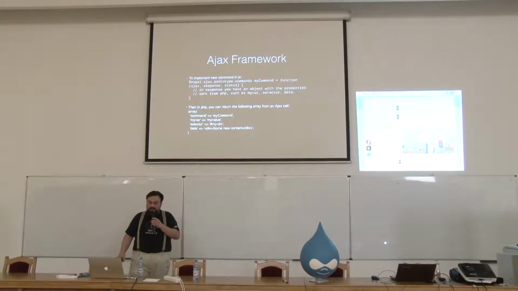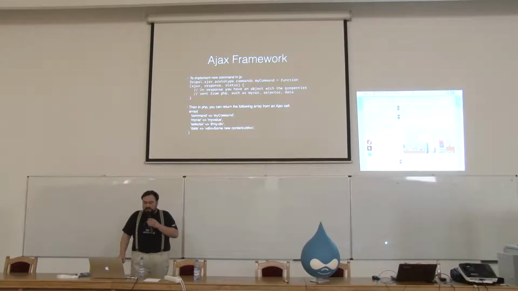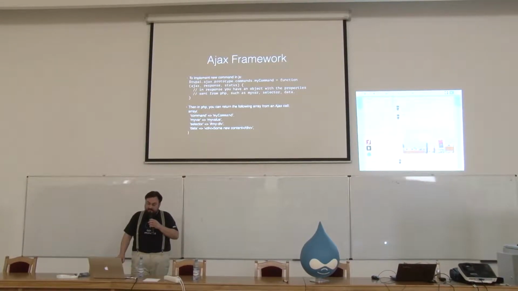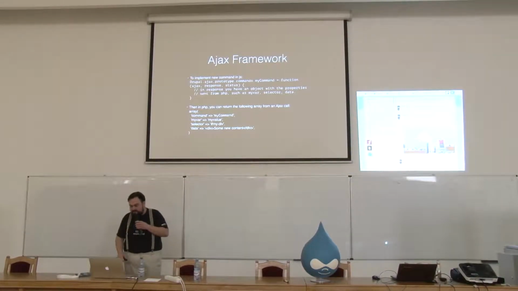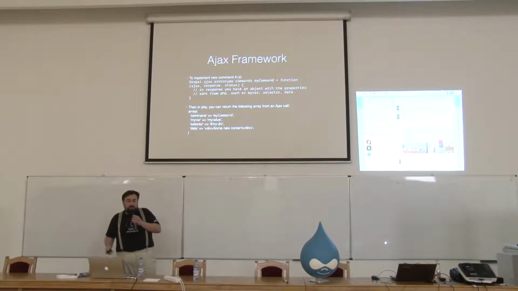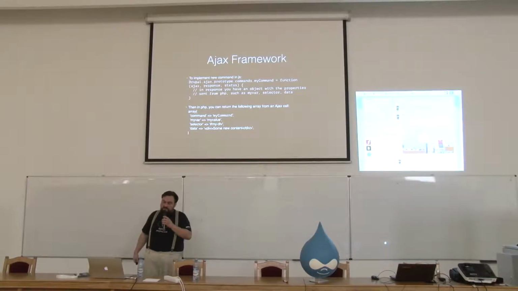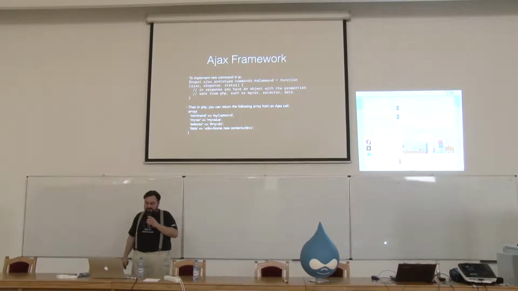If you want to implement a new command, you just need to create a function in the long namespace Drupal.ajax.prototype.commands.myCommand, and you put your custom code here, and then in PHP you can return that command, and it will be executed by the Ajax framework.